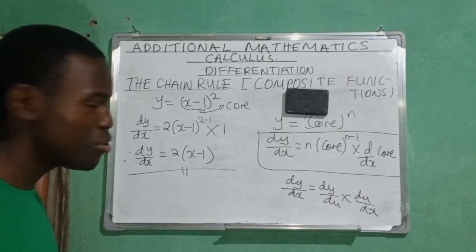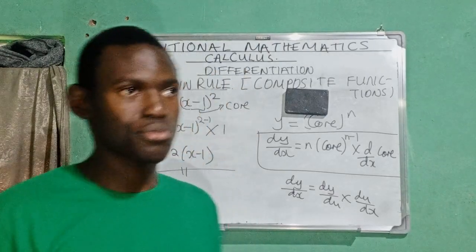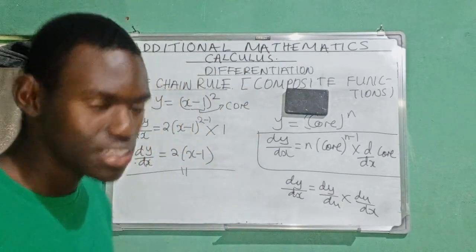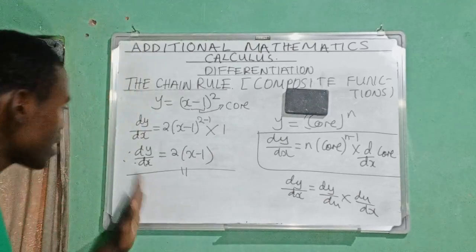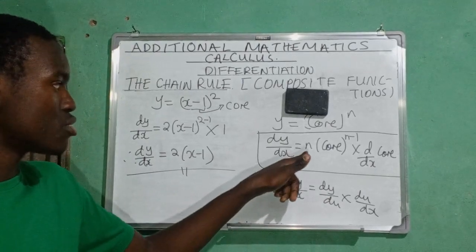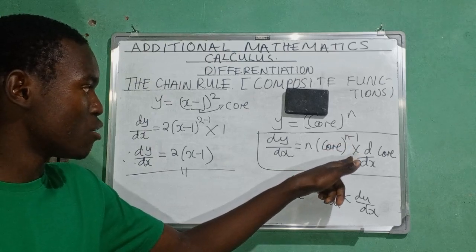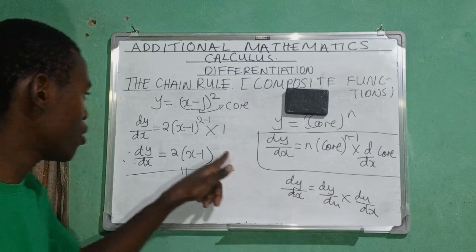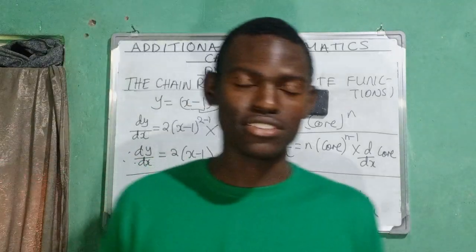So you remember when we were using the chain rule, we had to start saying let u be equal to that, and then now we start differentiating both, and then we came to use the chain rule. If you want, you can just use this. This is straightforward. Just this. dy/dx is equal to n core to the power n minus 1 multiplied by the derivative of the core, like this.